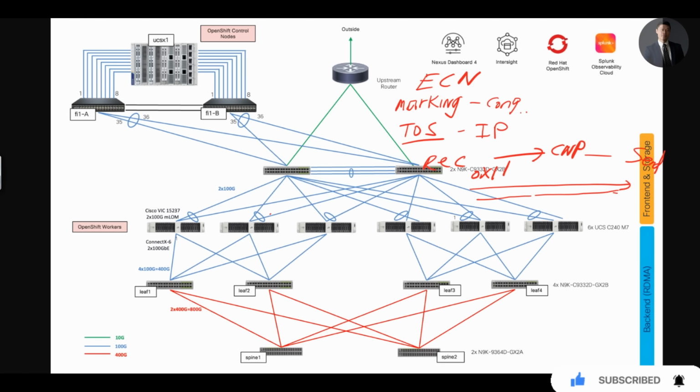The Nexus 9000 switches use WRED, weighted random early detection, to apply this ECN marking. WRED sets two thresholds. One is the minimum threshold for minor congestion, and the other is the maximum threshold for severe congestion.